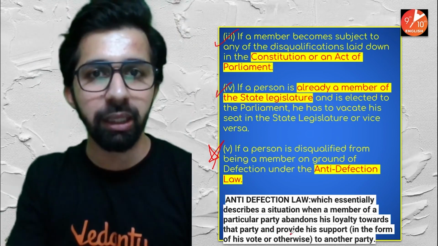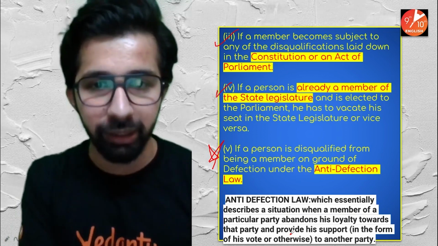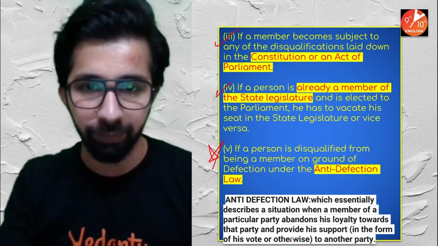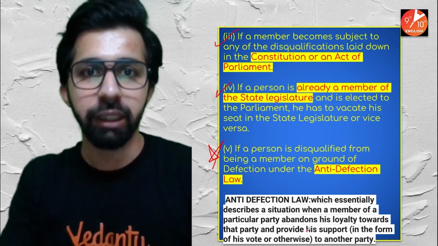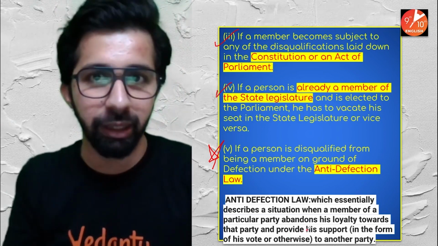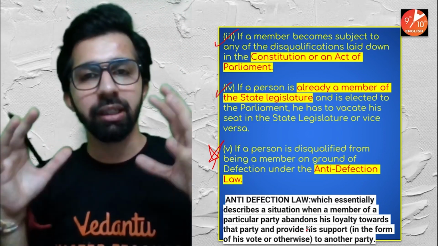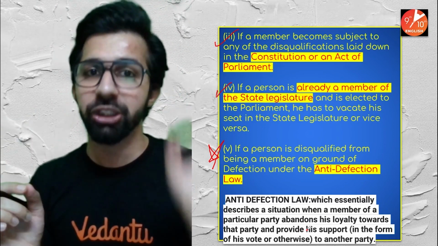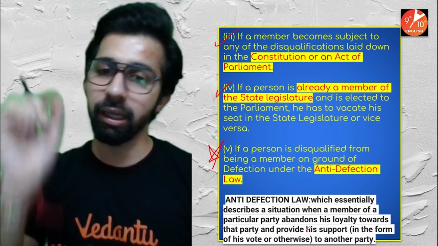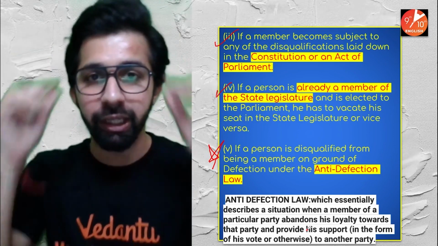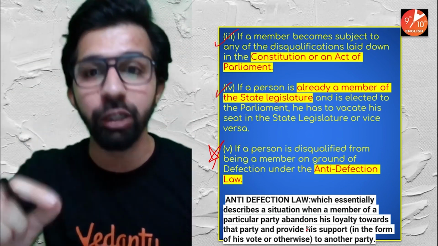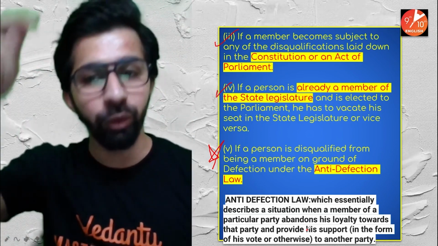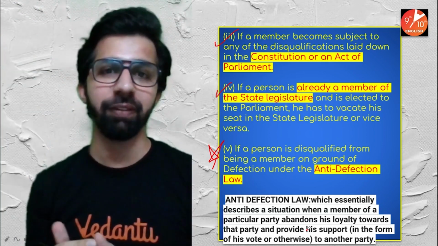So if a member of parliament is from a particular political party and he leaves that party and supports another political party, be it in the form of a vote, then the member will be disqualified, and that is known as the anti-defection law. Class, this is very, very important. I want you to write down the meaning of the anti-defection law. Pause the video and write it down.